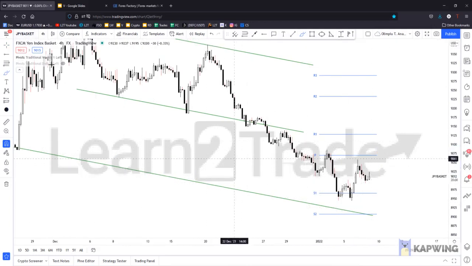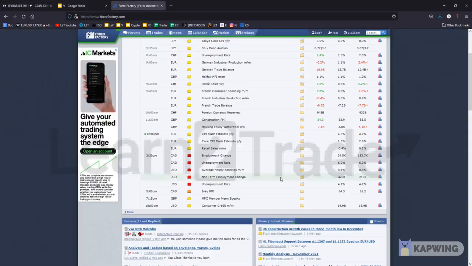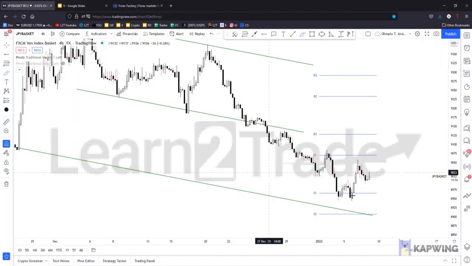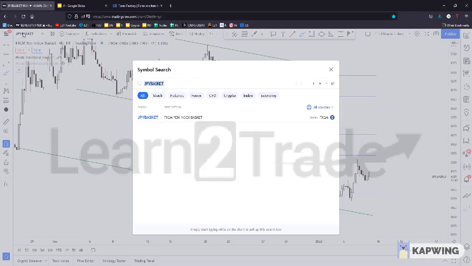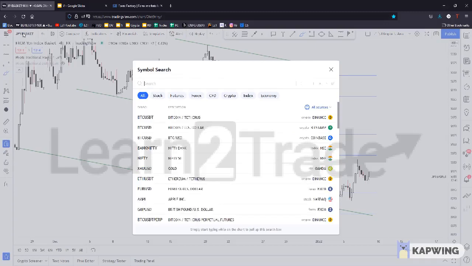So if the US data comes in better than expected, maybe the dollar index will jump higher, and if the yen basket stays near the current levels, or a potential drop here, could signal that the US dollar versus the Japanese yen will jump higher, okay? So better than expected US data could also help the US dollar versus the Japanese yen to jump higher.